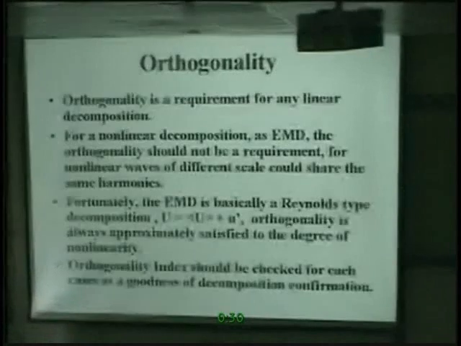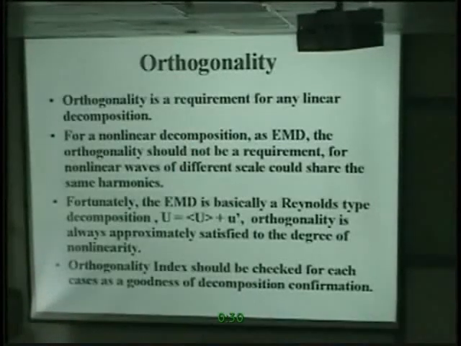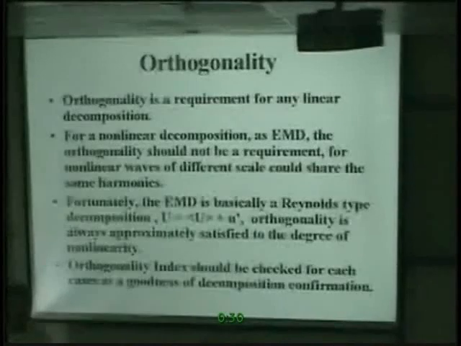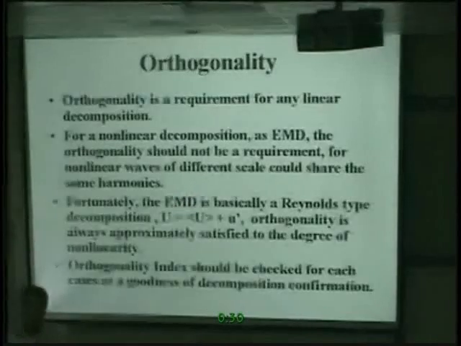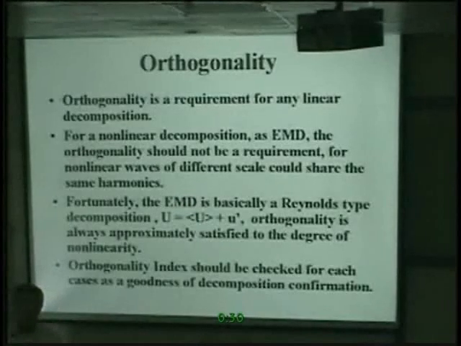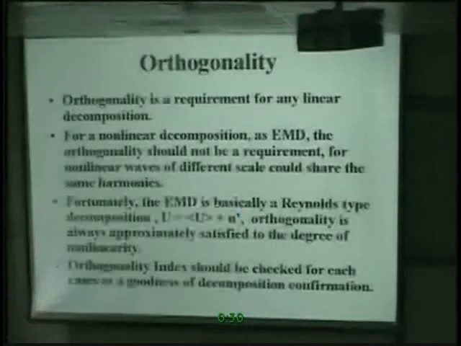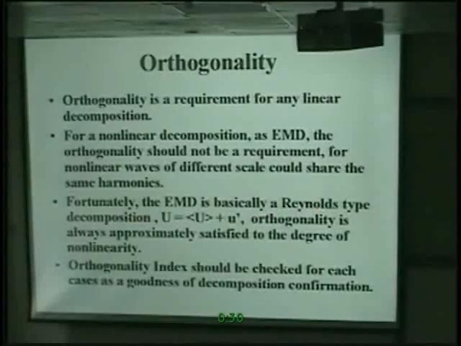So when I made this decomposition, I did not require orthogonality. But fortunately and fortuitously, EMD is almost always orthogonal. Why? Because EMD is basically a Reynolds type of decomposition. What do I mean by Reynolds type?